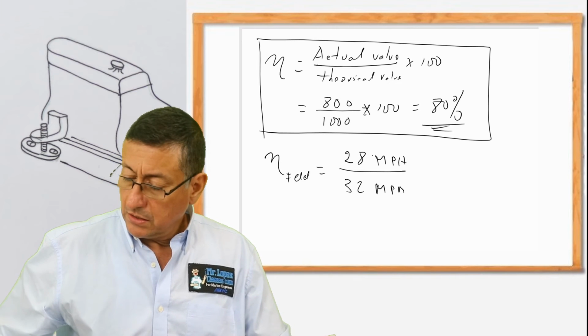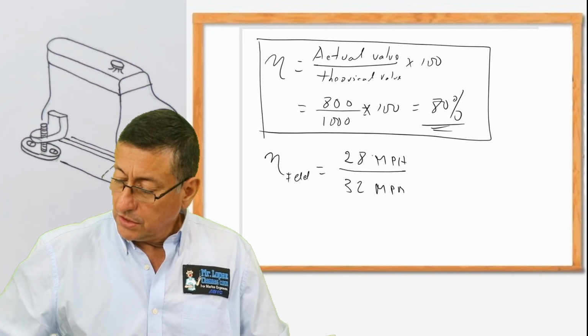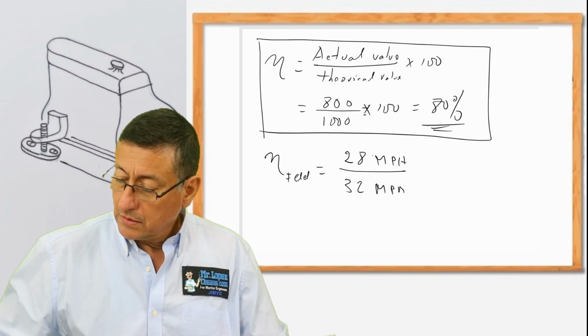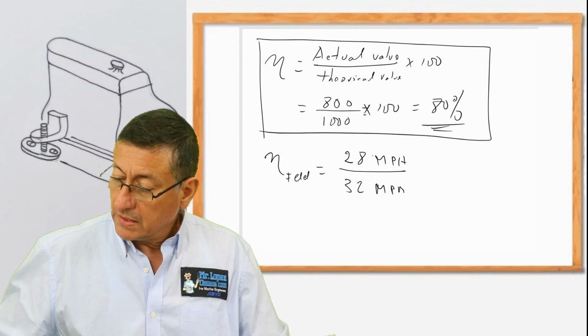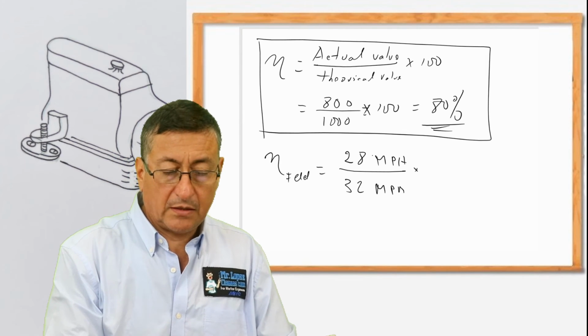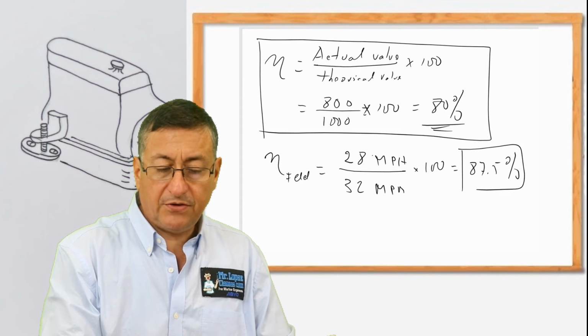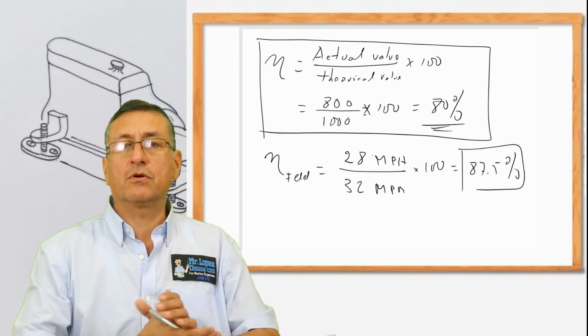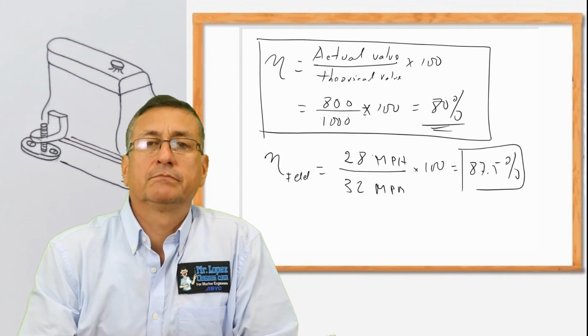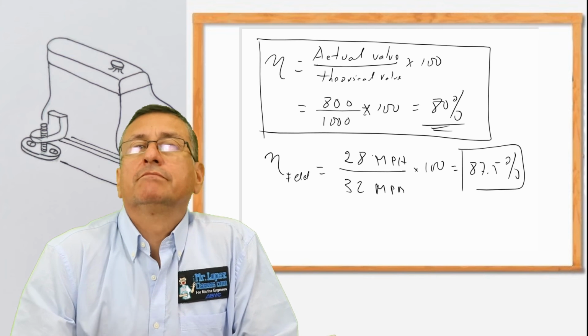It is 28 divided by 32 times 100, which is 87.5%. The fuel efficiency of your car is 87%. It's not 100%.